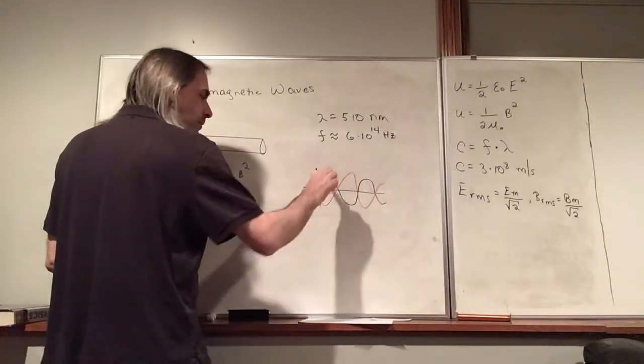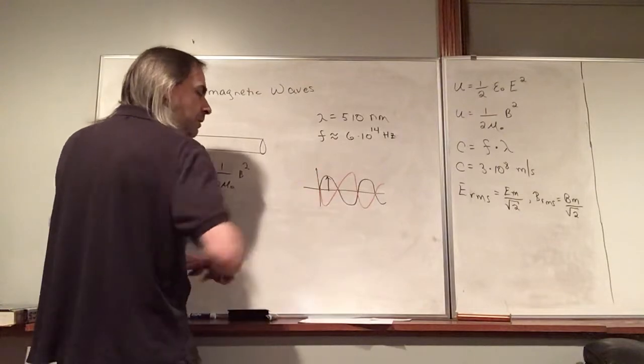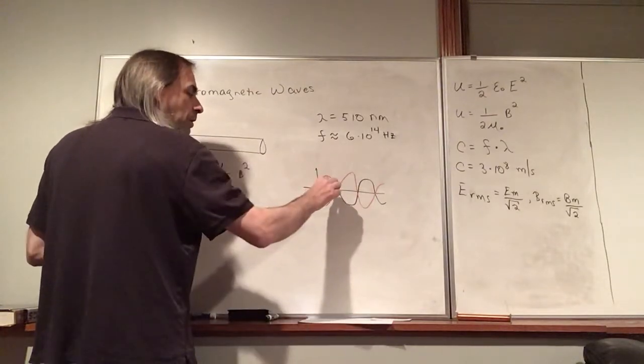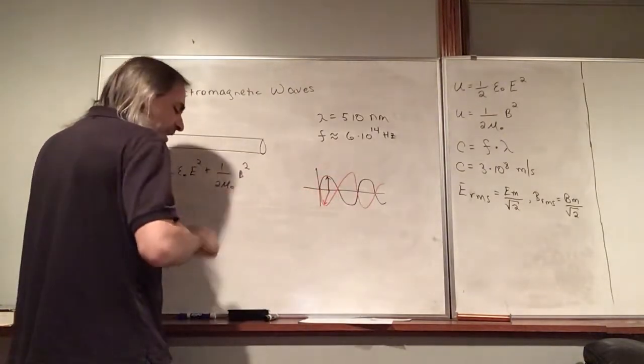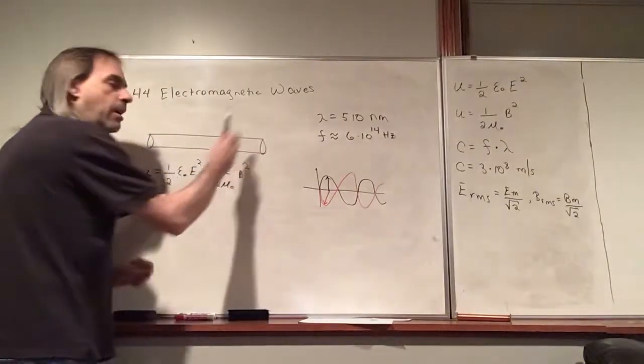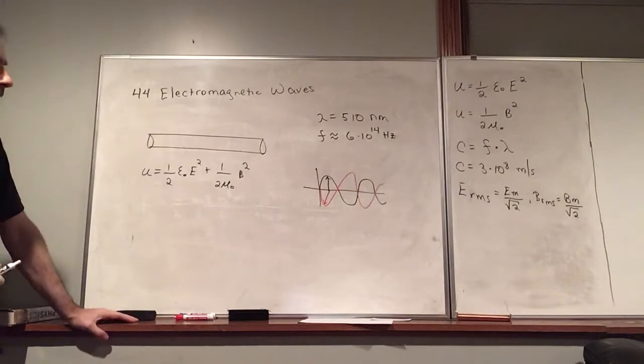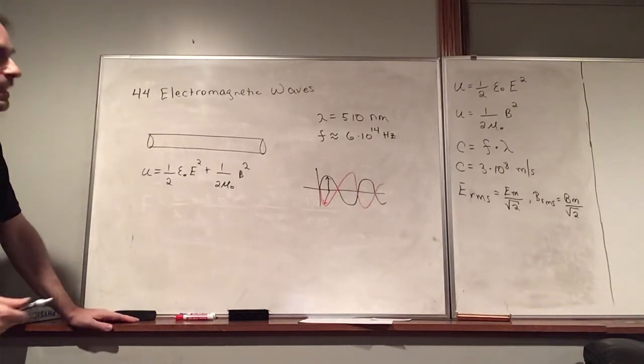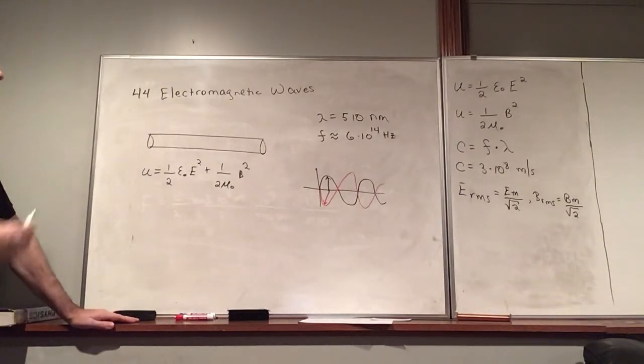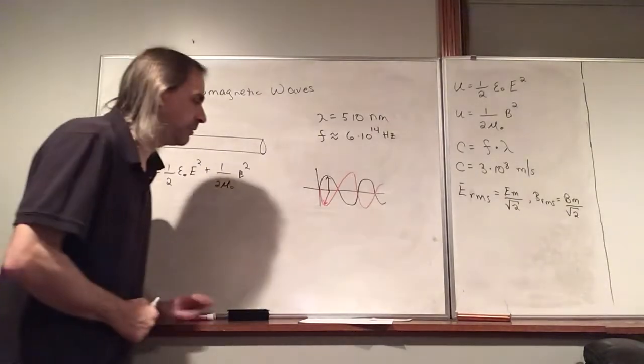So if you're standing here and you watch it go by, we're just going to state that the average energy stored in the electric field is the same as what's stored in the magnetic field.